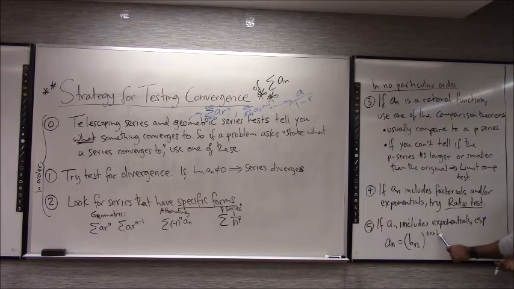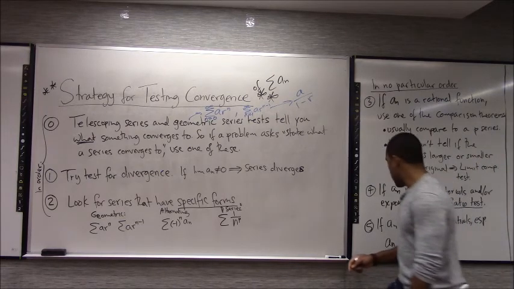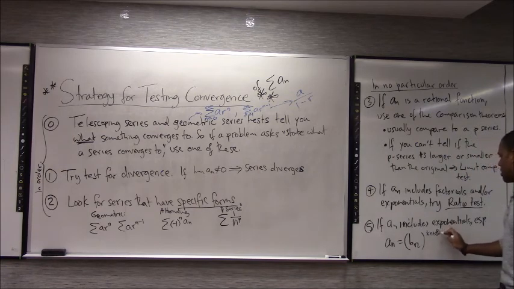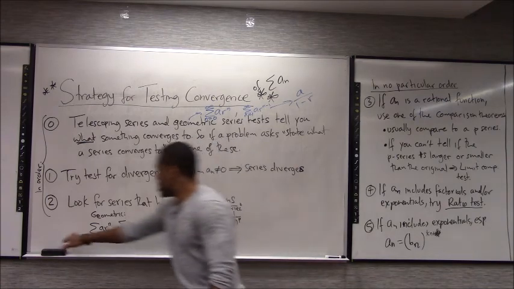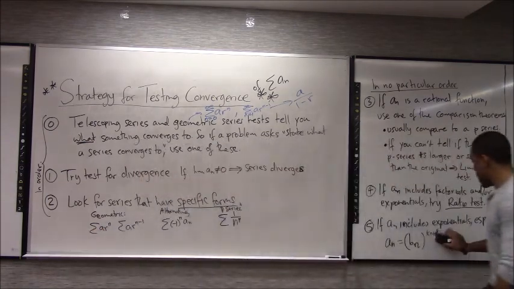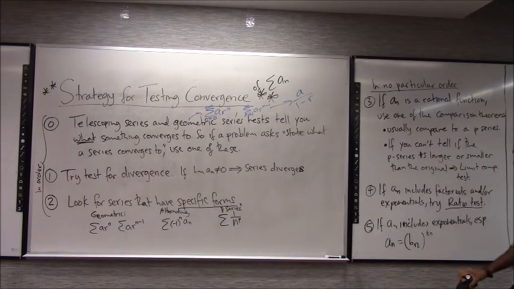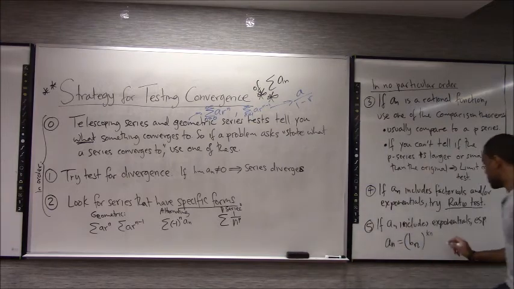Because first of all, you can factor a guy off, and then the nth root is going to kill that, and it's going to give you a constant power at the end of the day. The plus b is going to be a little bit sketchier, but anything that looks like a constant times n power, you're probably going to think root test. Use root test.